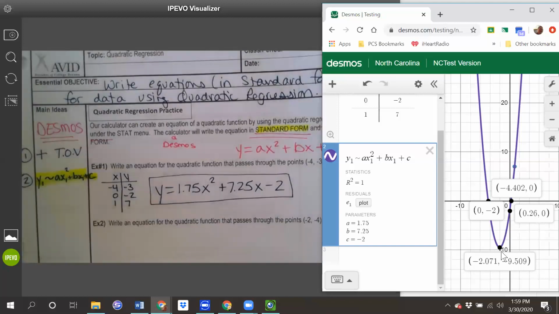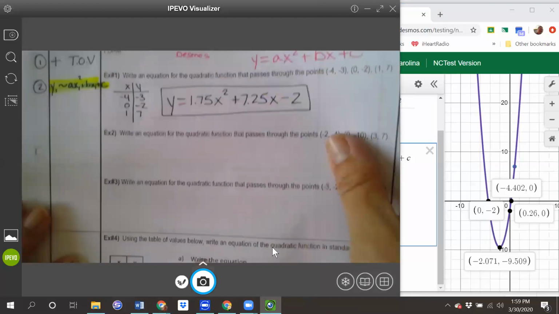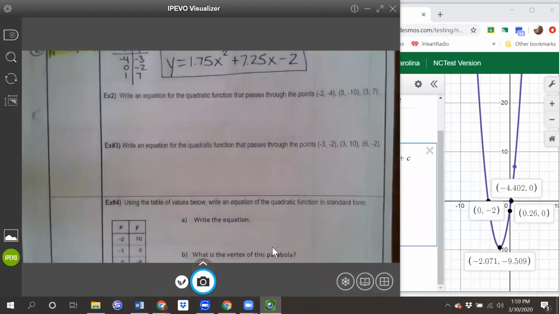I can see where my vertex is located. I can see where my 2 zeros or x-intercepts are located, and I can see where my y-intercept is located. That is pretty powerful. And I didn't have to do a lot of manipulation. So I like Desmos a lot better for regressions, much more so than using the graphing calculator to do this.